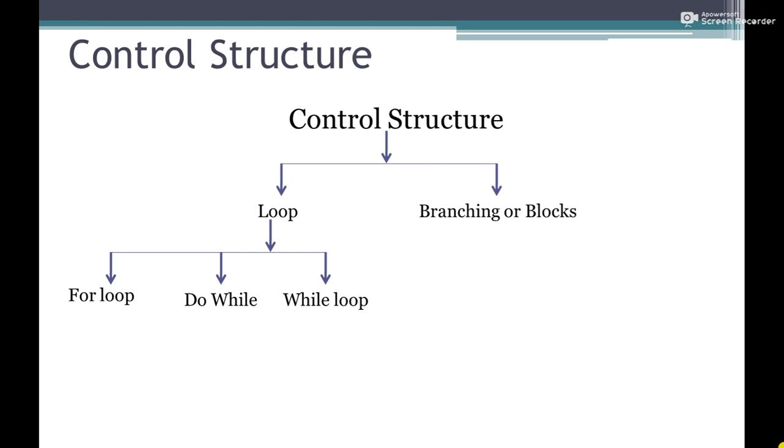Now how will the for loop work? It will check the condition for the process. That means it will check the condition, then execute it and then display it. Then again check the condition, then execute and then display the message. Then again it checks the condition, executes and processes.